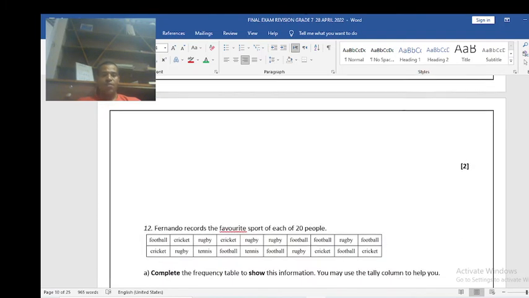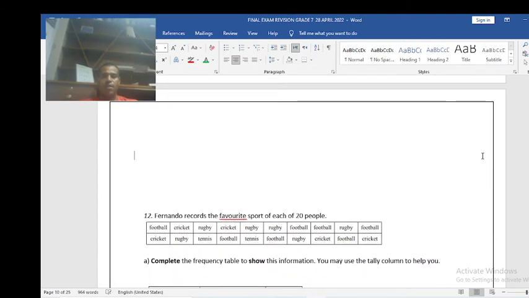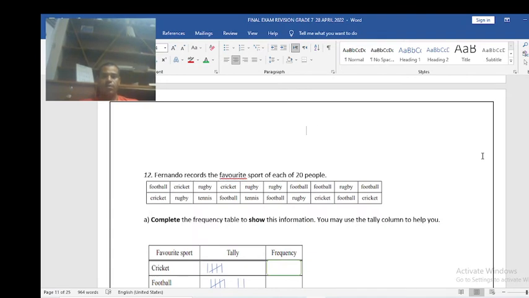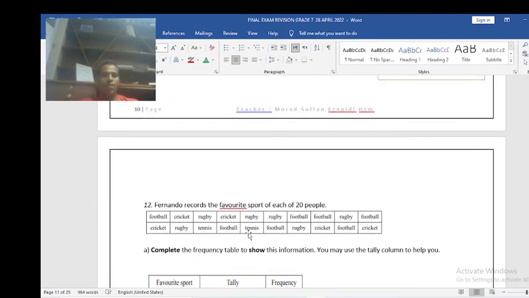Therefore, here we have another question. Murad records the favorite sports of each of 20 people.